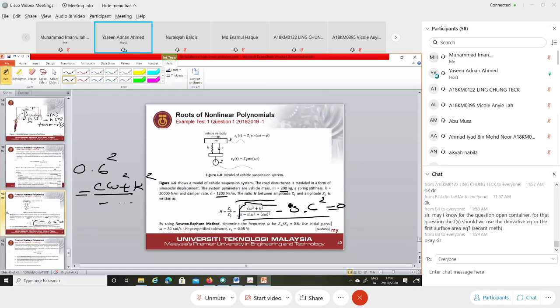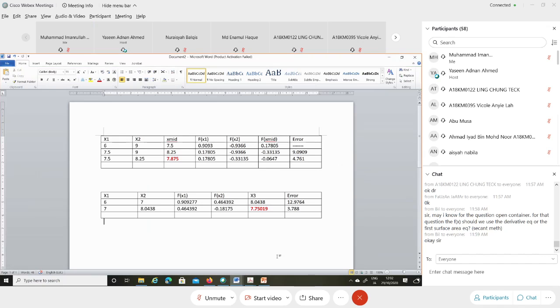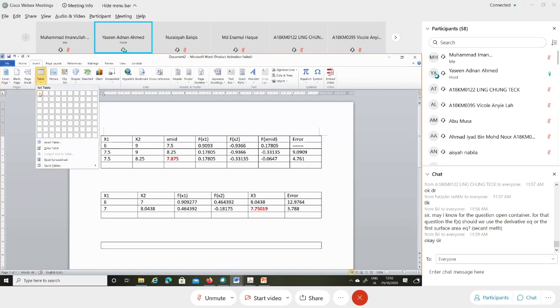So let's do the Newton-Raphson method. In this case, you need the derivative. That's the difficulty. In the Newton-Raphson method, we need only one case: f of x, f prime of x, and then x new and error.